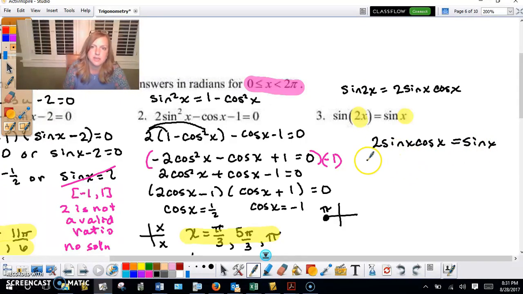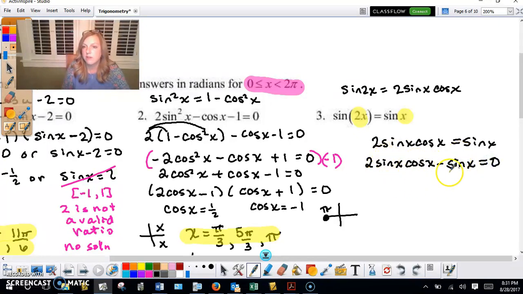What you need to do instead is get 0 on one side. And then when you get 0 on one side, the thing that you were going to divide by is a GCF, and you should factor it out. So now we have sine x times 2 cosine of x minus 1, and we have 2 factors set equal to 0.